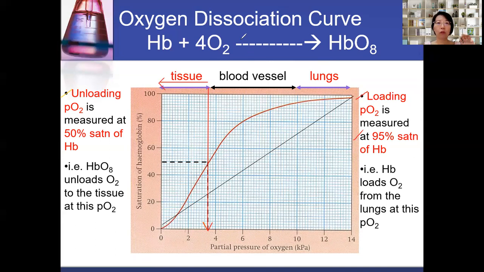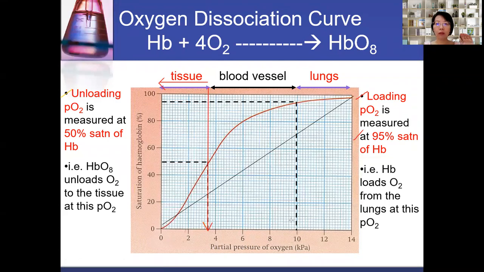So we have to find it out from this graph. At the y-axis, look for 95% saturation of hemoglobin, then interpolate to the curve on the graph, and then go down to the x-axis and look for the partial pressure of oxygen value. So this is 10 kilopascal.